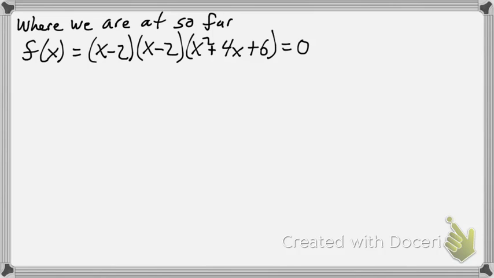All right, let's just do a little roadmap check and see where we're at so far. We know two of our roots, x equals 2, meaning if I plug x equals positive 2, mind you, into this polynomial, it will render 0.